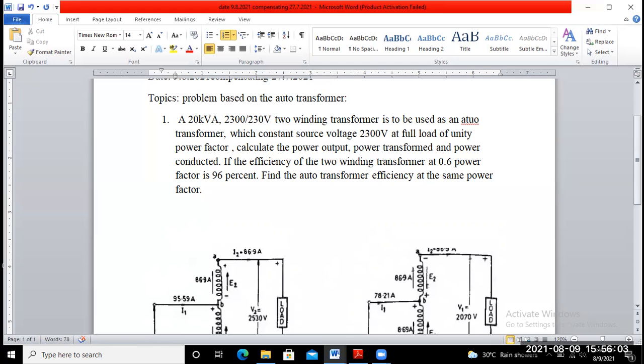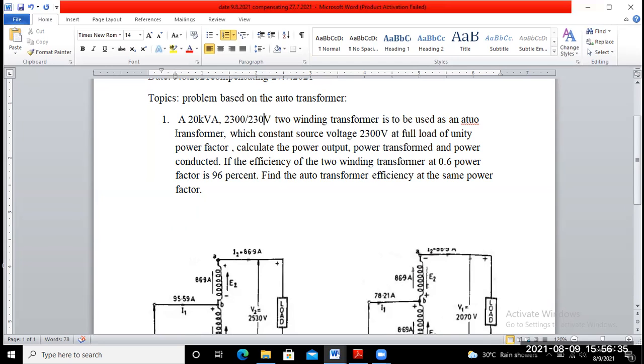The source voltage is the same as the previous one, that is, the two winding high voltage side 2300 volt is again a constant source voltage in the auto transformer, at full load of unity power factor. So calculate the power output rating of the auto transformer.